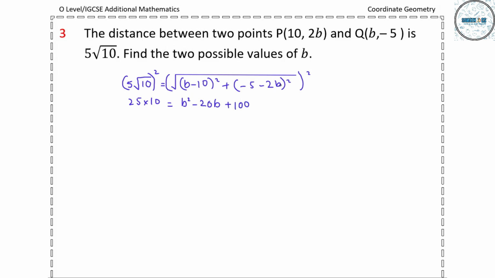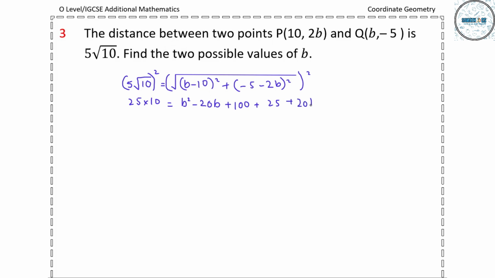We'll use here as well identity to expand it. Whenever we have two negative signs, we will get all the signs positive. So we have 5 square is 25, 2 multiplied by 5 and then by 2 is 20.